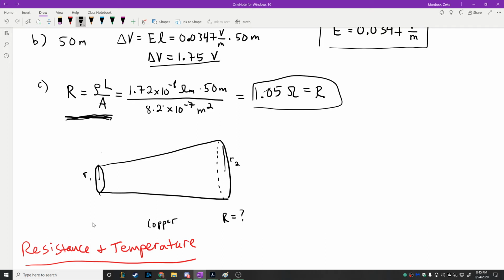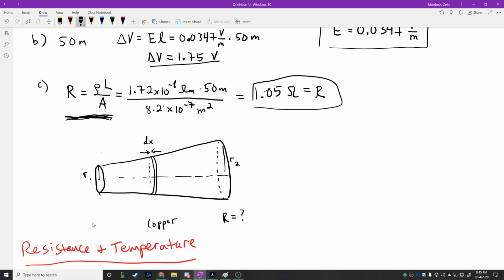I'm just going to give you a hint about how you want to solve these kinds of problems. This is our definition of what resistance is. It's rho L over A. What you end up doing in this problem is you create a coordinate system where you cut the object into little pieces of length dx.